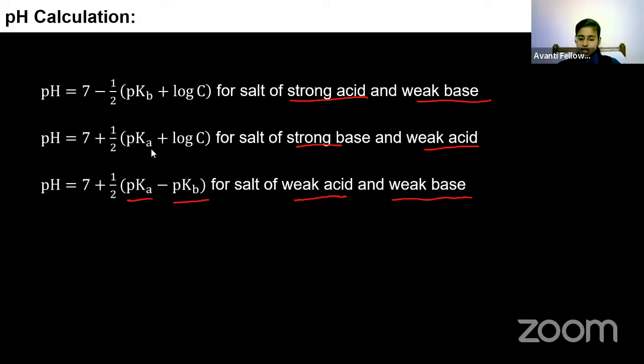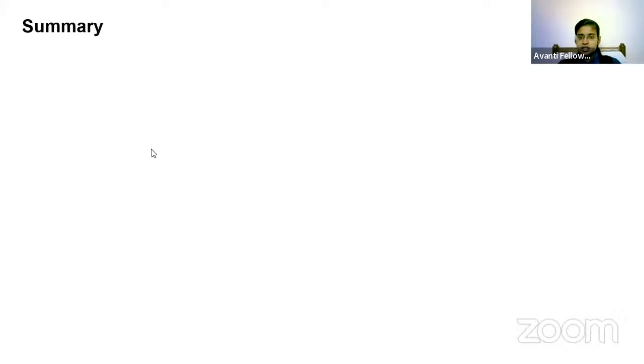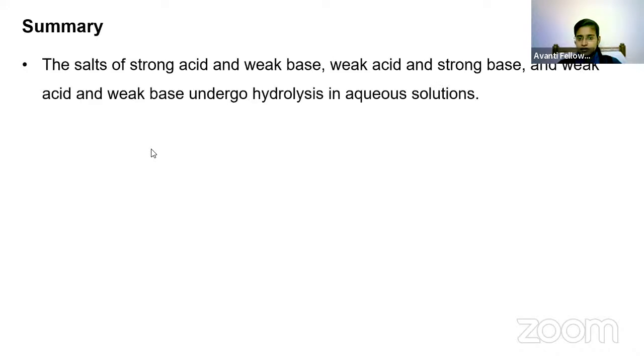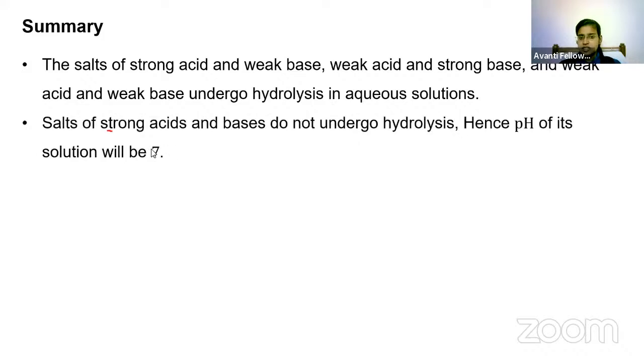Okay, so let me summarize. The salts of strong acid, weak base; weak acid, strong base; and weak acid, weak base, these 3 combinations will undergo hydrolysis in aqueous solutions. Okay, point number 1. The last combination, the salt of strong acid, strong base, does not undergo hydrolysis.